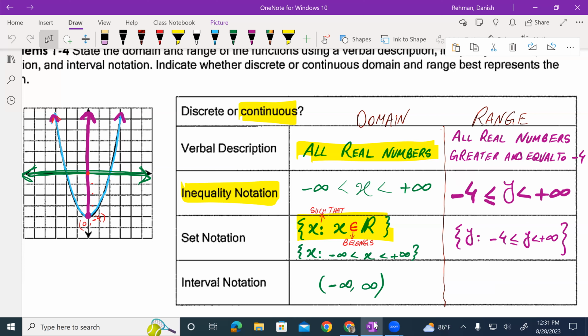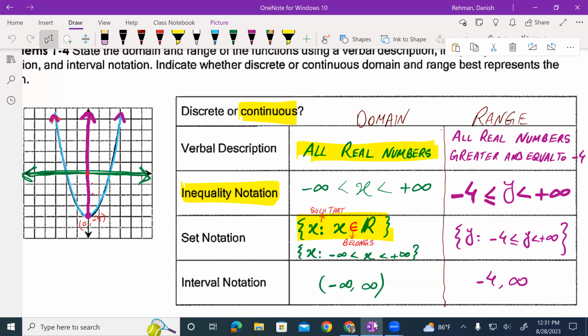That's the way I will write the domain. And why am I putting the parentheses? Because we never put the equality sign with infinity. So we never use the square brackets with the infinity signs. Then for the range, again, the limits, the minimum and the maximum with a comma.